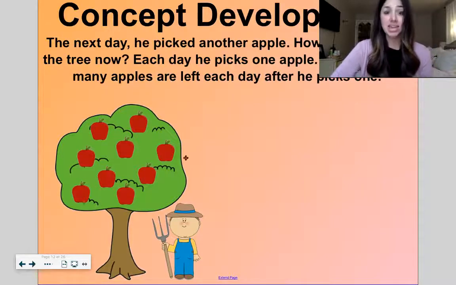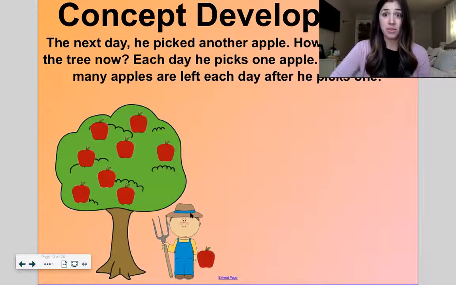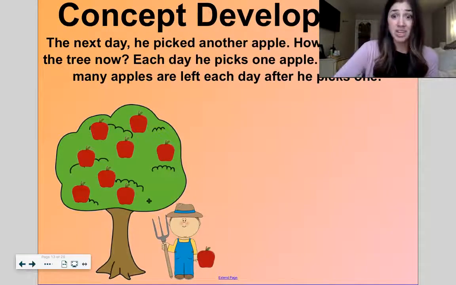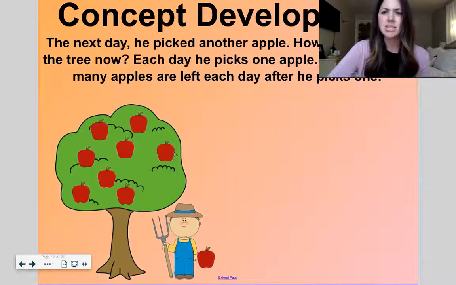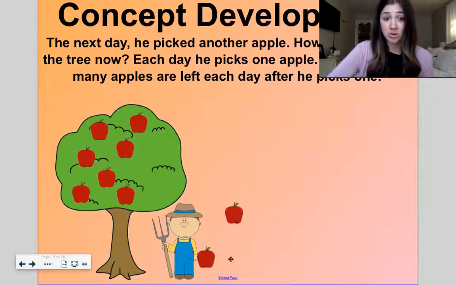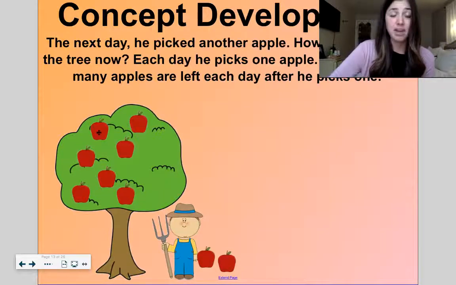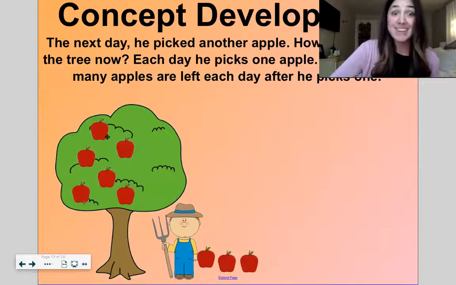The next day, he picked another apple. How many are on the tree now? 1, 2, 3, 4, 5, 6, 7, 8. Let's see how many apples are left each day after he picks one. Okay, so he had 8, he picked another one. Now he has 7. The next day he picked 1. Now he has 6.